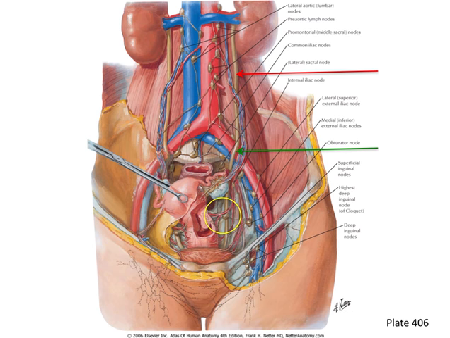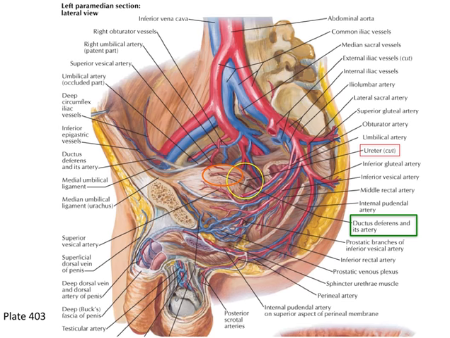All right, in males, there's a relationship of the ureter with the ductus deferens, or the vas deferens. The ureter is highlighted by the yellow circle, and the vas deferens, which is carrying sperm from the testes through the inguinal canal over the bladder, ultimately toward the prostate gland, is highlighted by the orange circle.